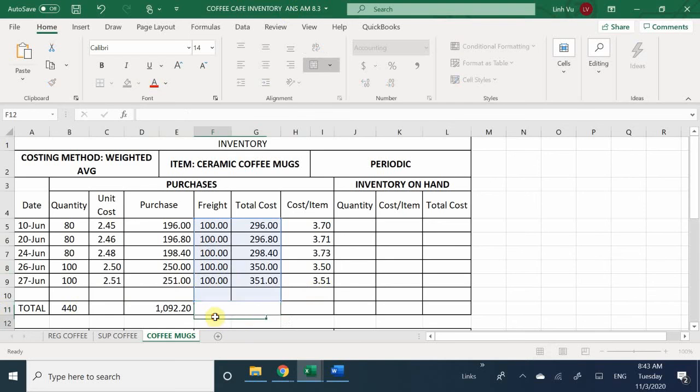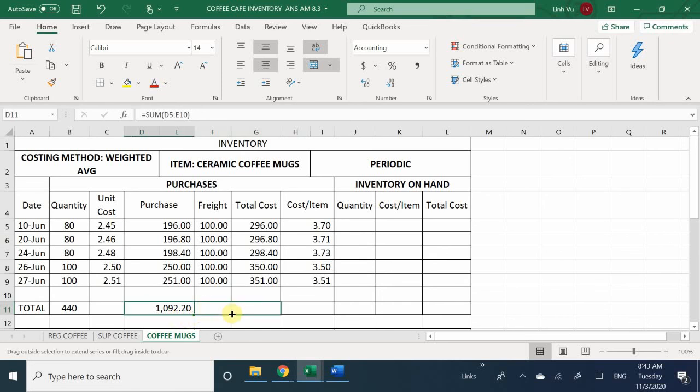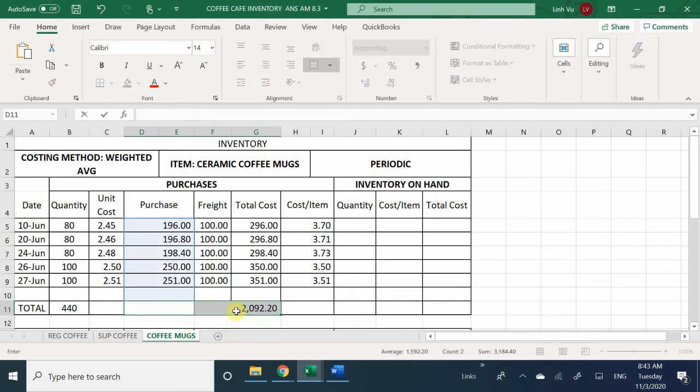I'm missing a border here. All right, so what was this one again? 500.